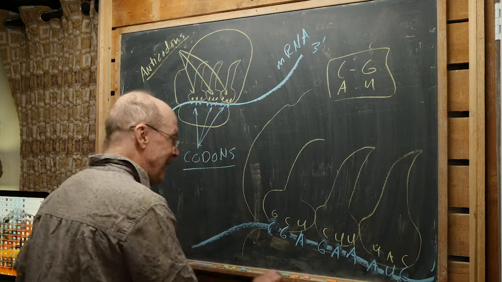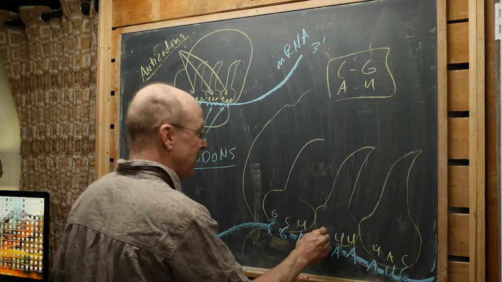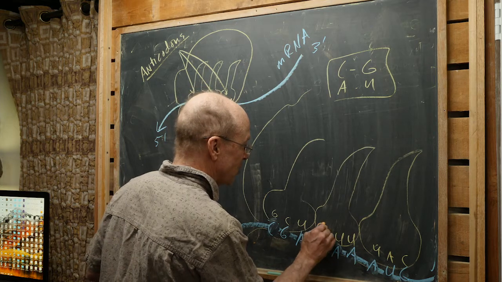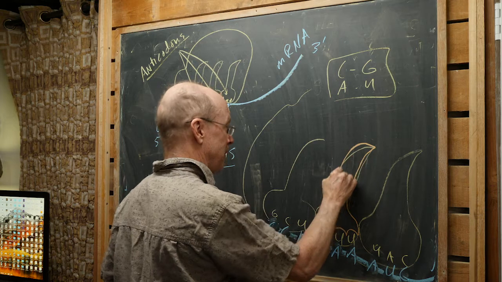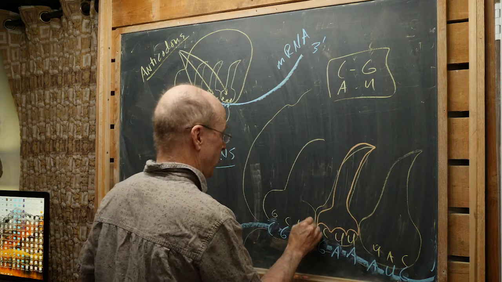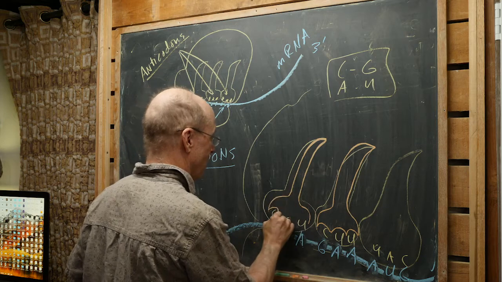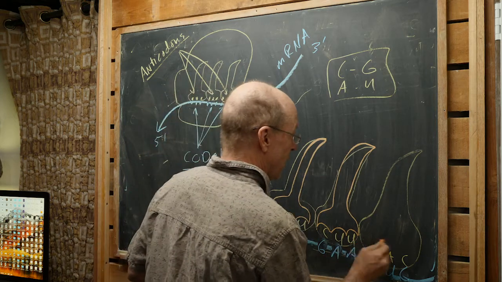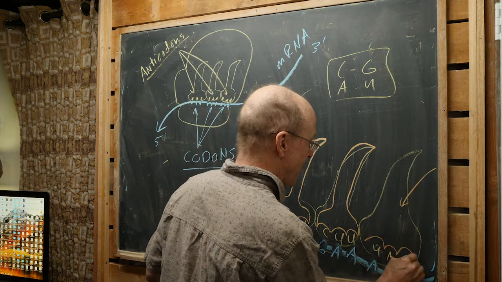So we have that. Now, what we want to do is show this bit right here, that if this part was actually occupied with transfer RNA, and we have one that comes in, this guy comes in, A for arrival.